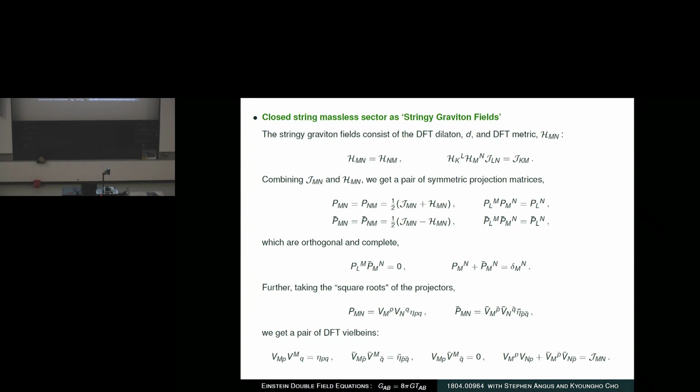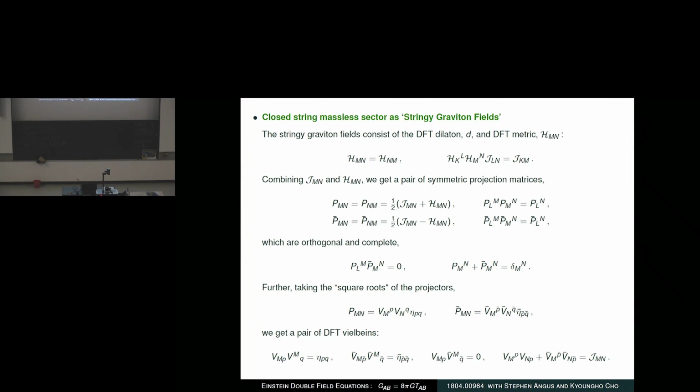Further, taking the square root of the projectors, P equal V square, P bar equal V bar square, we get a pair of DFT vielbeins, V and V bar. So V square contracting capital letters is eta, V bar square is eta bar, V and V bar orthogonal and complete in this sense.